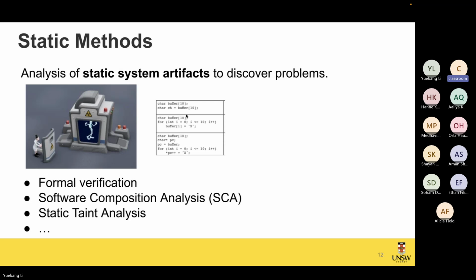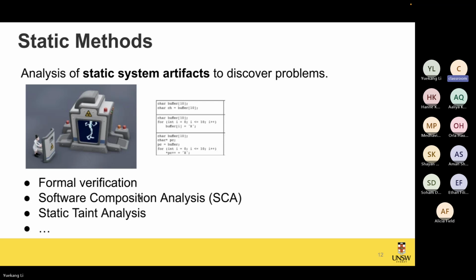And that property could be maybe, okay, the loop will loop 10 times or less than 10 times, things like that. Or maybe the buffer, because loop matters here because loop can affect the value of the indexes sometimes, right? So we can also prove that, okay, this buffer will never overflow, things like that. So it's called formal verification.